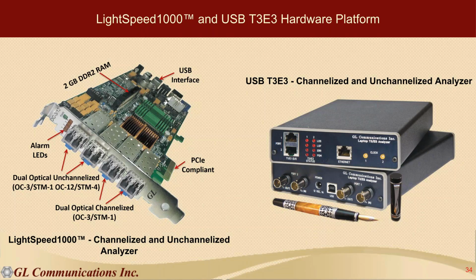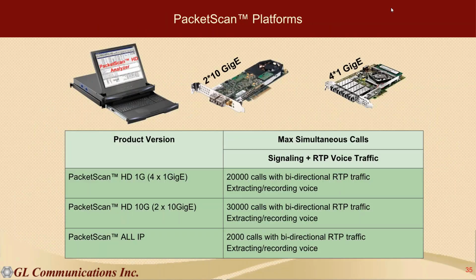When you're talking about our PacketScan platforms, we haven't really mentioned PacketScan much, but PacketScan is essentially the protocol analyzer for IP. So with IP, you need an Ethernet interface to capture on. We have the ability to use the Ethernet port on a standard Windows computer, or the ability to dedicate a card.